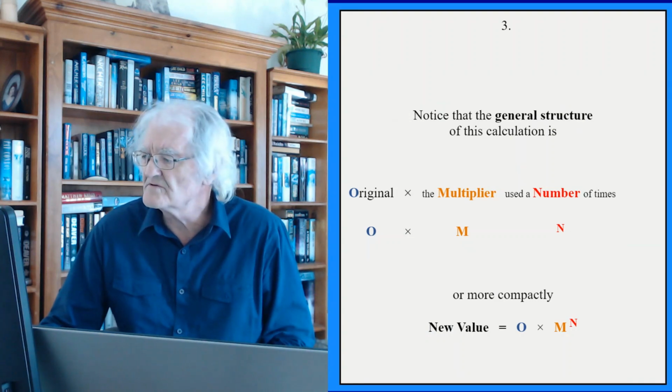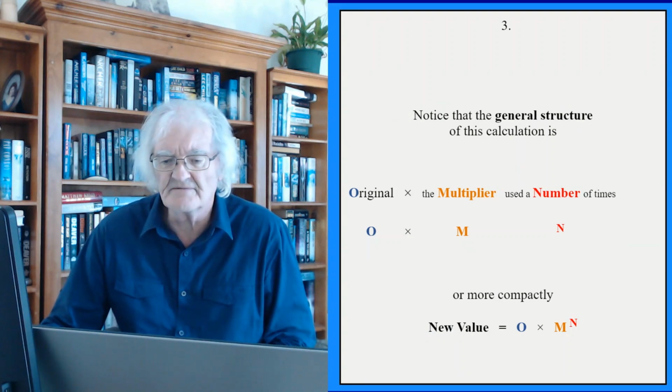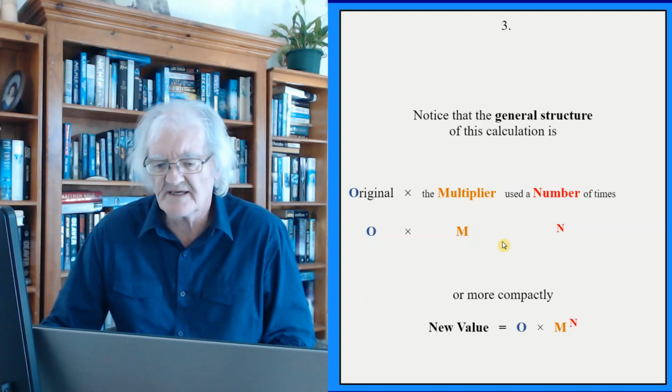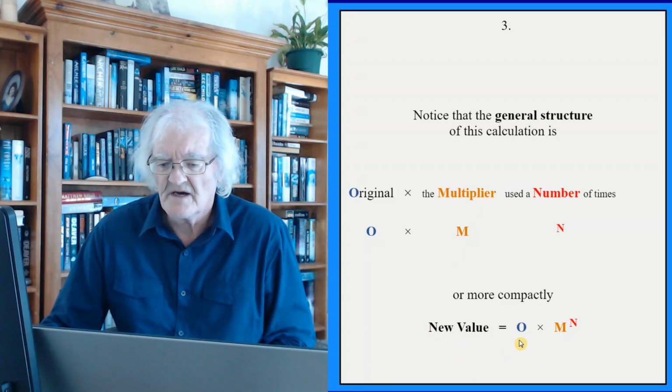Note that the general structure of this calculation is the original value multiplied by something a number of times. Or more compactly, new value, original value by the multiplier used repeatedly.